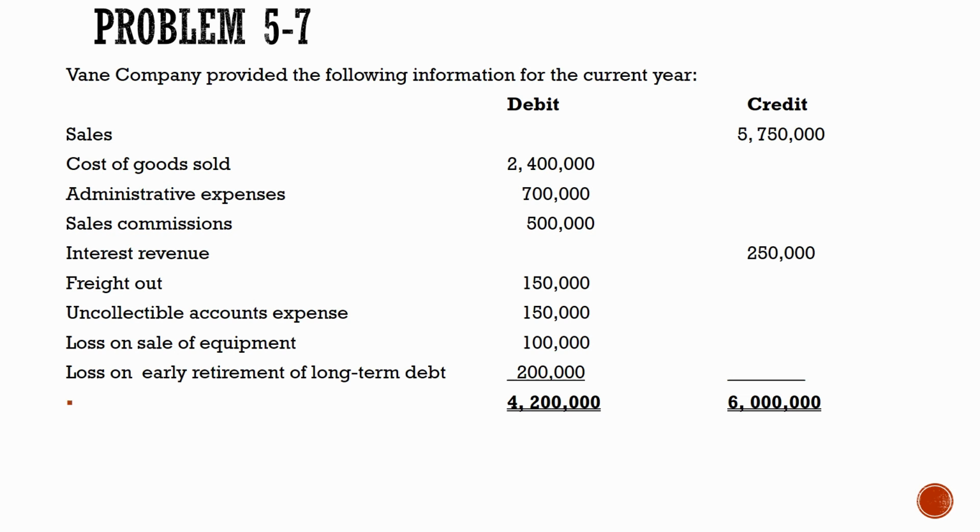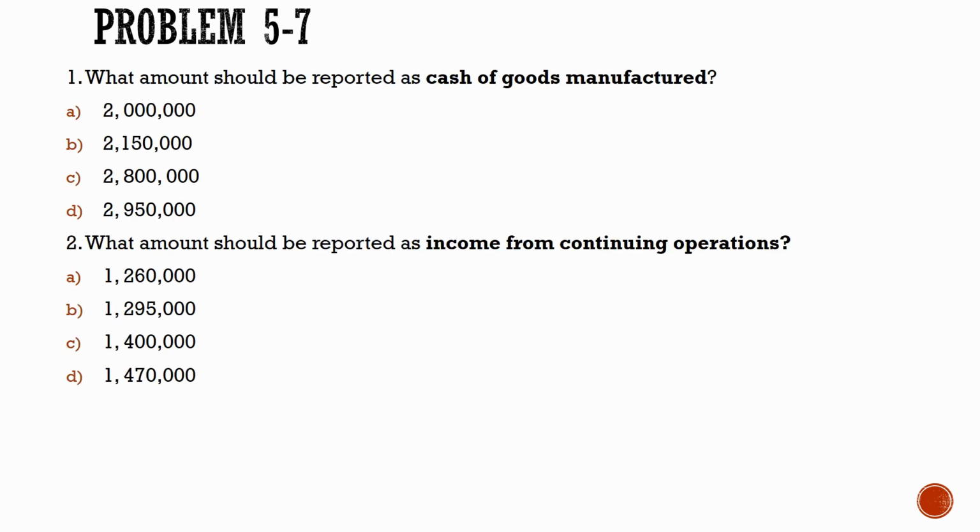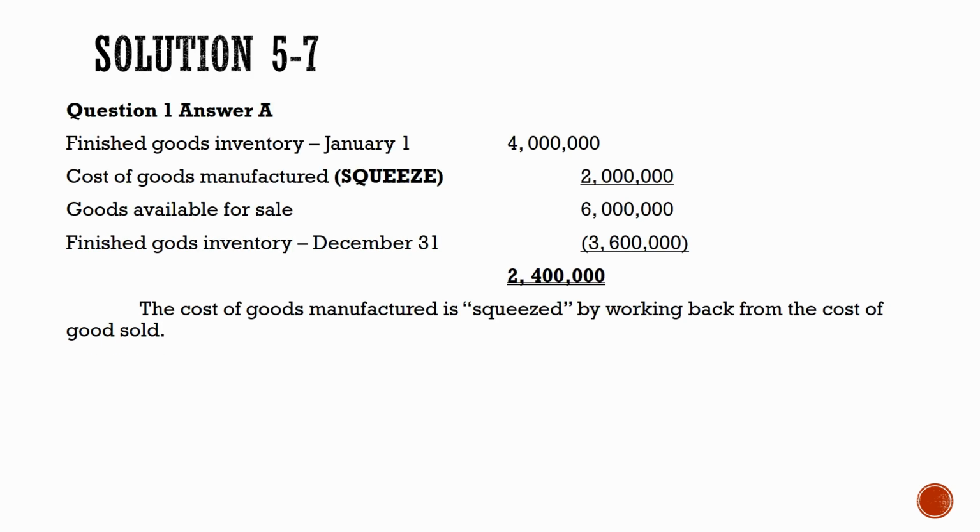So the first question is, what amount should be reported as cost of goods manufactured? Letter A, 2 million. B, 2,150,000. C, 2,800,000. Letter D, 2,950,000. So, cost of goods manufactured is the cost of goods brought to completion during the year.